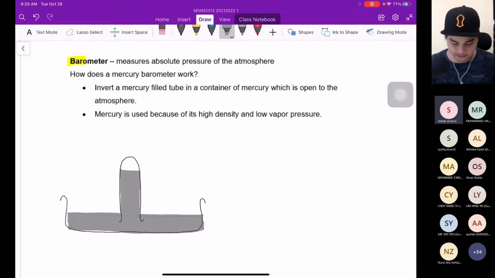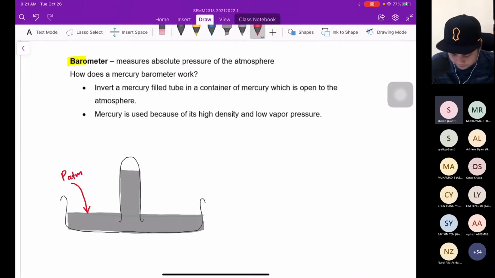From here you can see that this mercury is exposed to the atmospheric pressure, 101.325 kilopascal. So it is exposed to PATM. Remember that the pressure will exert on the surface.